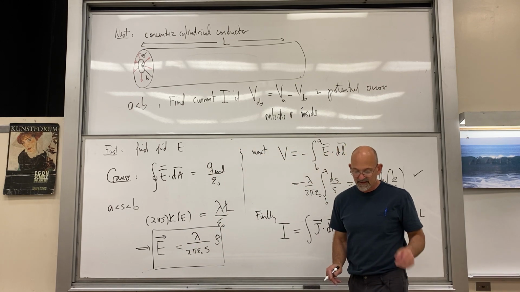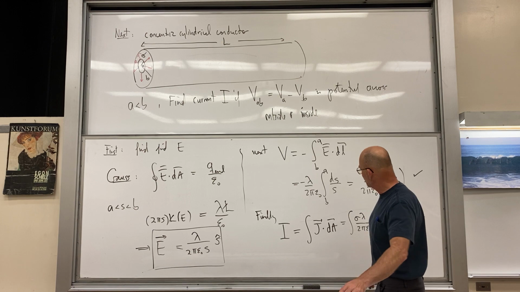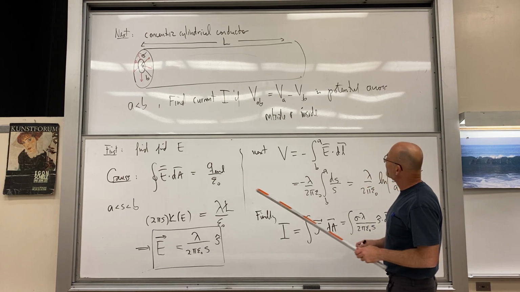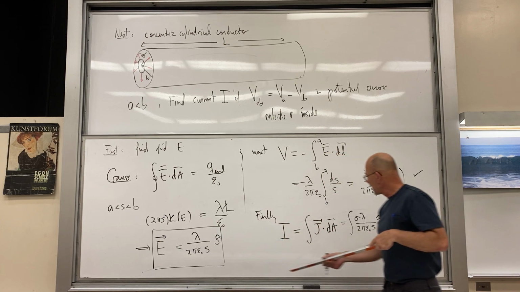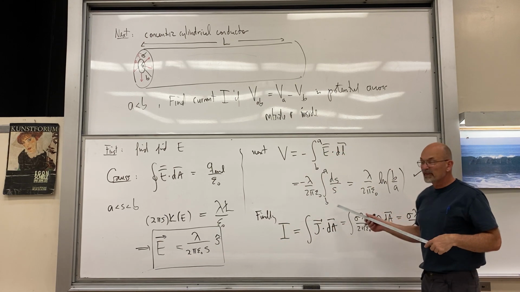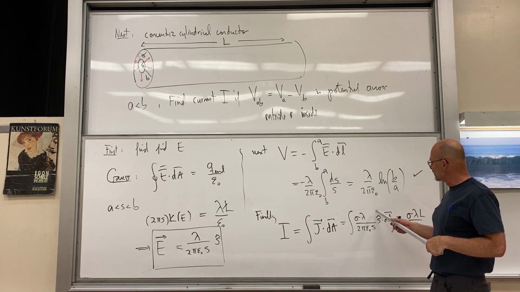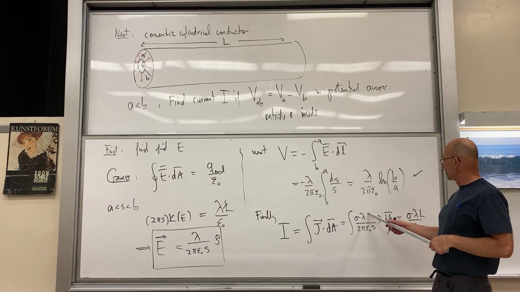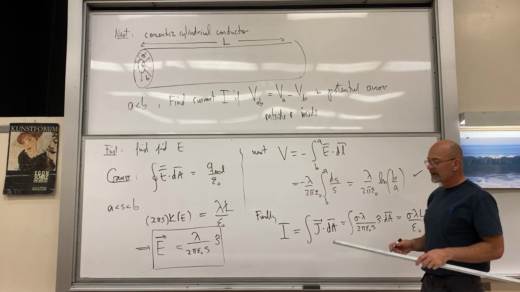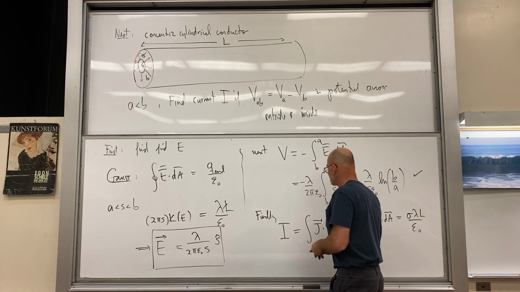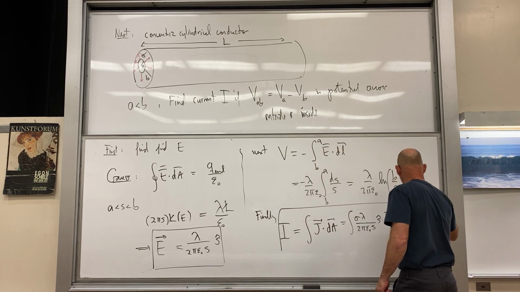And now we can put these things together. We have a lambda here, and we have a lambda here. We know nothing about those, and we're actually just going to cancel them. We're going to make a substitution for the lambda out of these two and see what happens. So, got this result.